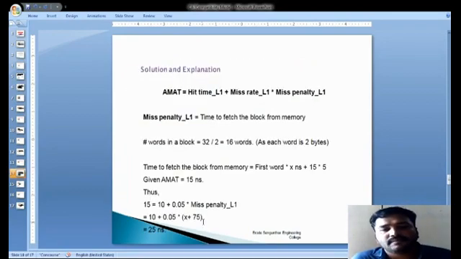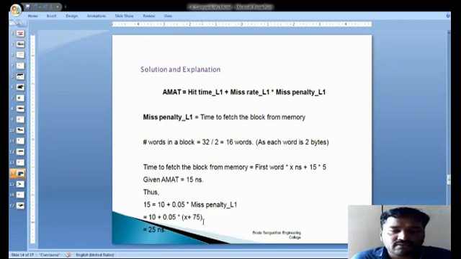So, average memory access time AMAT is equal to hit time of L1 plus miss rate of L1 into miss penalty of L1. Miss penalty is the time to fetch the block from memory. Suppose I am asking to fetch a block of data. What is the time taken to fetch that particular block of data from memory? That is called miss penalty.